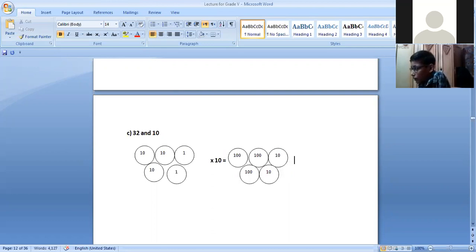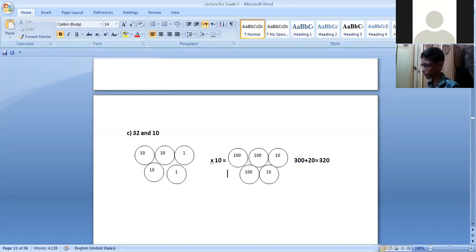How many discs do we have of 10? 10 की हमारे पास कितने डिस्क हैं? 10 plus 10, 20. We have 20 from the discs of 10. Now add these numbers, 300 plus 20. It becomes 320.